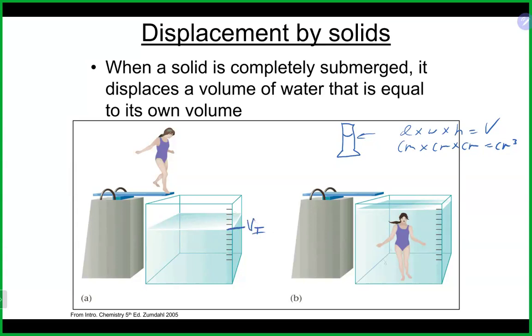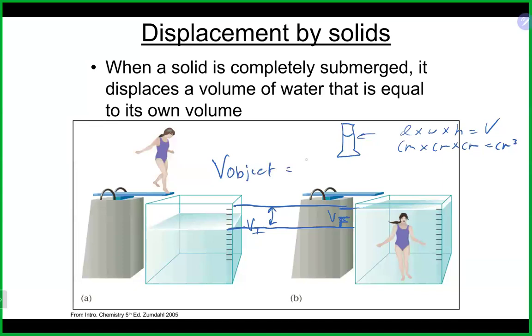When she goes for a swim, she's going to displace that water, and we're going to end up with a final volume reading right there. And as we talked about, if you essentially take the difference between the final volume and the initial volume, that will give you the volume of the object that you're looking for.